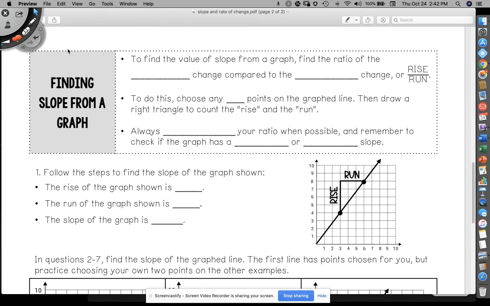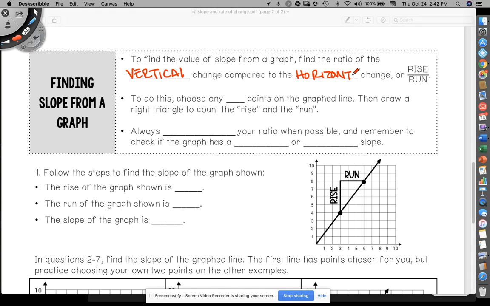To find the value of a slope of a graph, find the ratio of the vertical, which in this case would be our y's, change compared to the horizontal change, which is our x's, also known as your rise over your run.